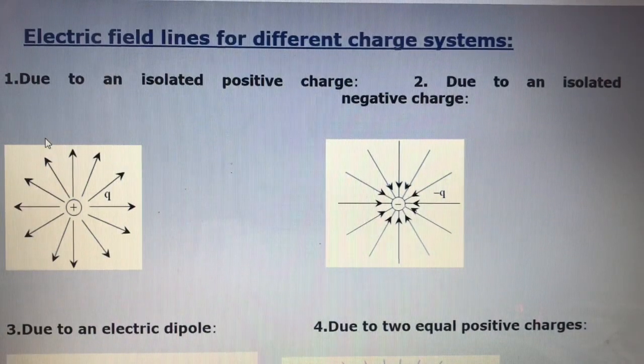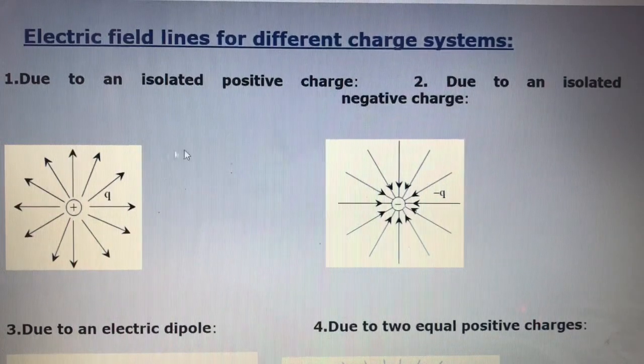They are always radially outwards because a small positive charge is accelerated in the outward direction. They extend to infinity.